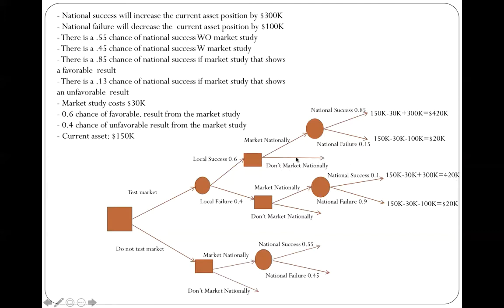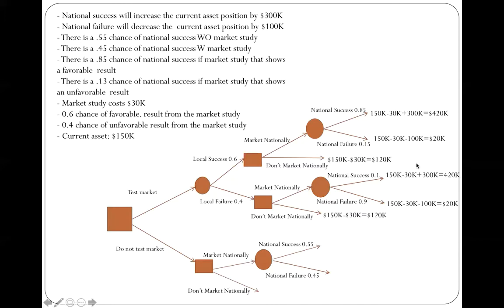For this terminal fork, when are we going to end up here? If we test the market locally, we see local success, but we decide not to go ahead with the national marketing. In this scenario, we start with the initial asset value of 150K. We pay 30K for the local test, but we don't market nationally, so we don't lose anything, we don't earn anything.